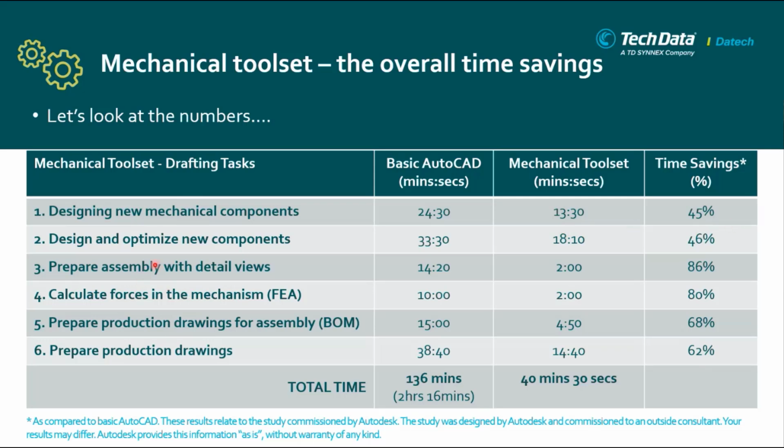And for design and optimization of entire new components, you spend around 33 minutes and 30 seconds, but it is just 18 minutes and 10 seconds, which is again 50% of your valuable time.